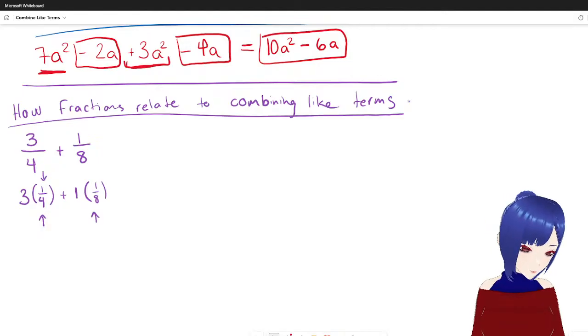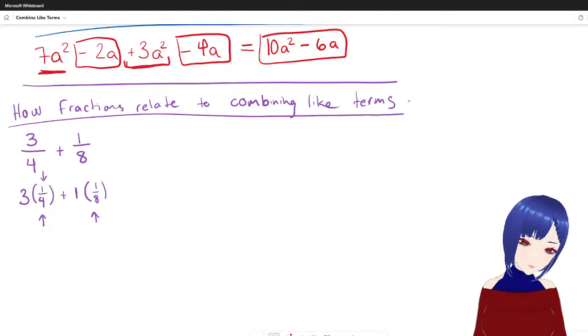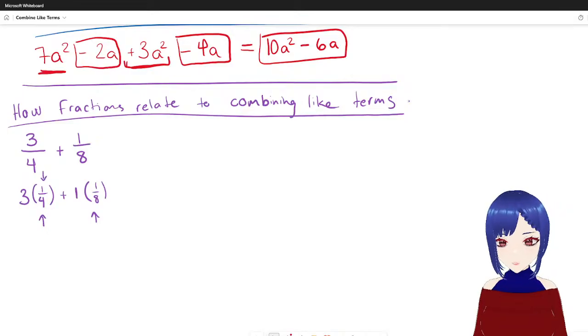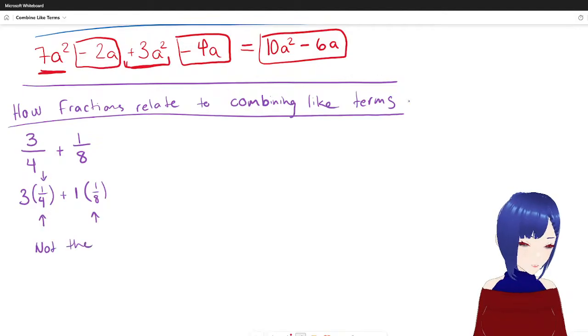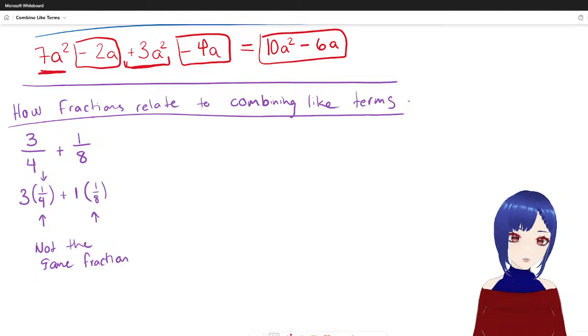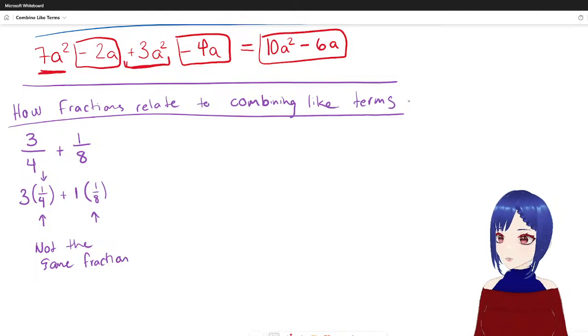Or I can't do 3 plus 1 and say I have 4/4 because they're not both types of fourth. So this is why we convert our fractions. So what we do is we adjust them.